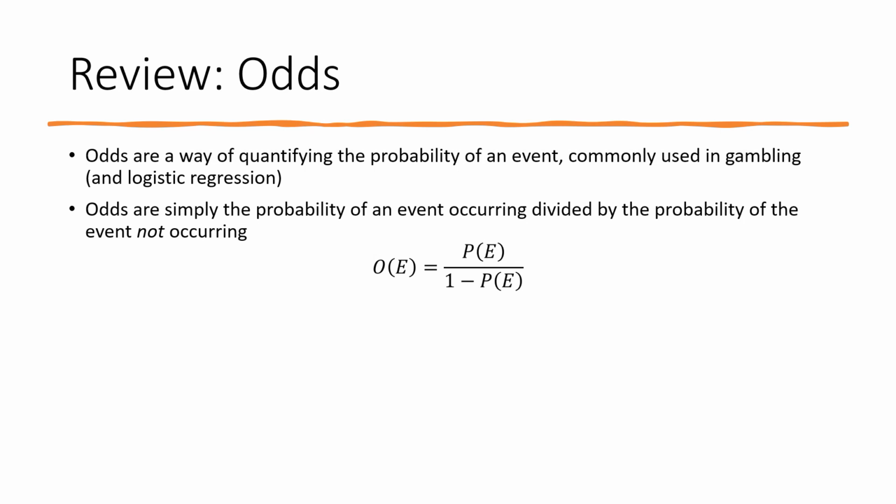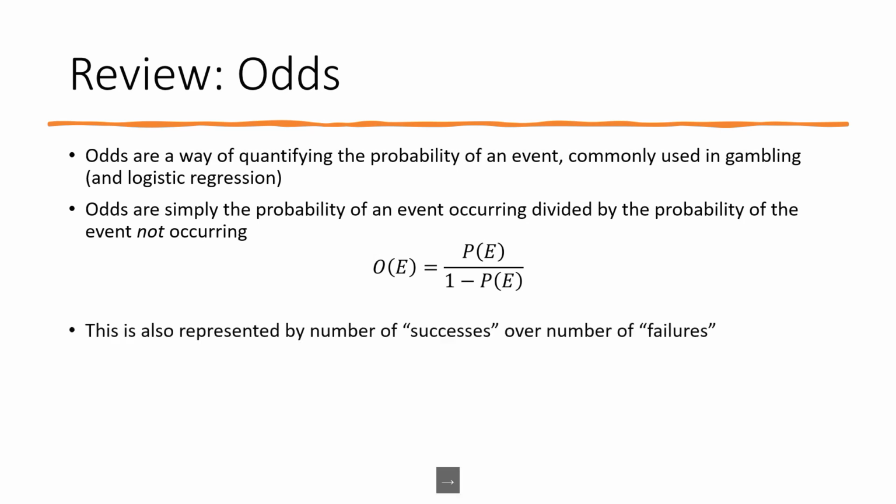Now that denominator, 1 minus probability of the event, is the probability of the event not happening. So you can also look at this as P of E on the top, probability of the event, divided by probability of not the event. And again, that's just 1 minus P of E. Stepping away from probability, we can calculate this via number of successes and failures. So maybe number of successes divided by number of failures.